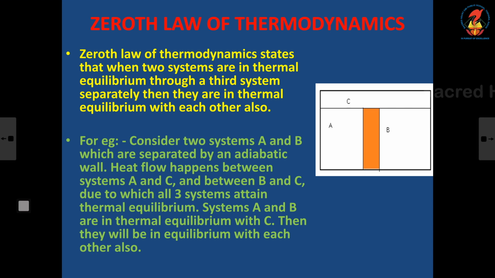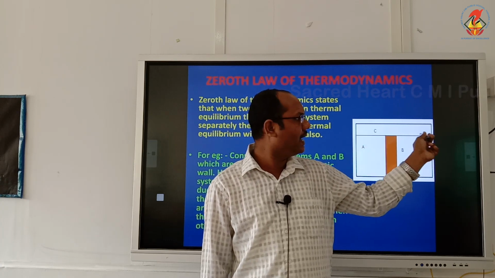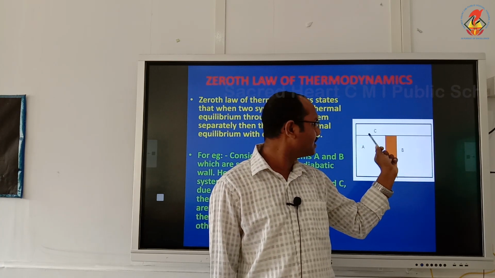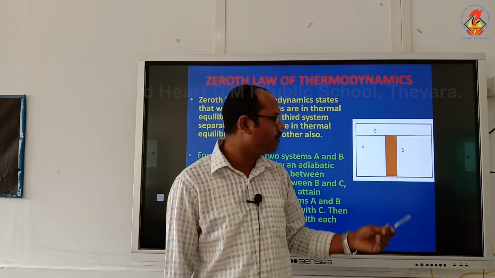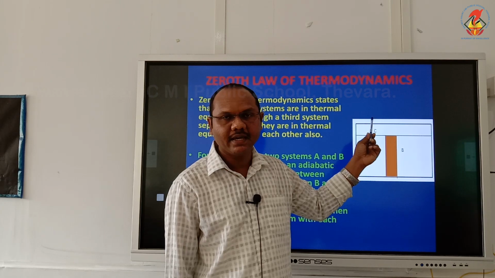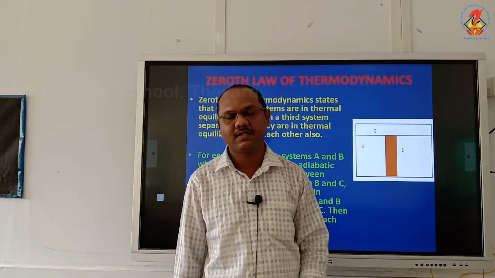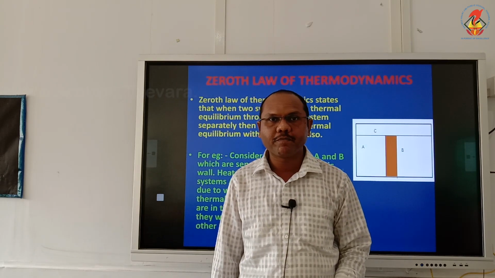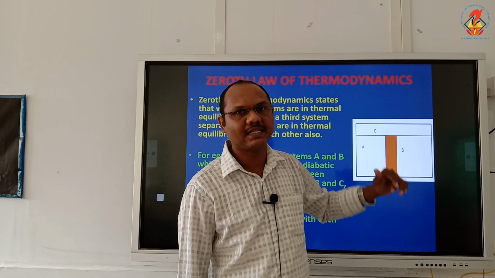System C is separated using a diathermic wall. This line is the diathermic wall. So there is a transfer of heat between A and C, and there is a transfer of heat between B and C. C is separated from A and B using a diathermic wall.